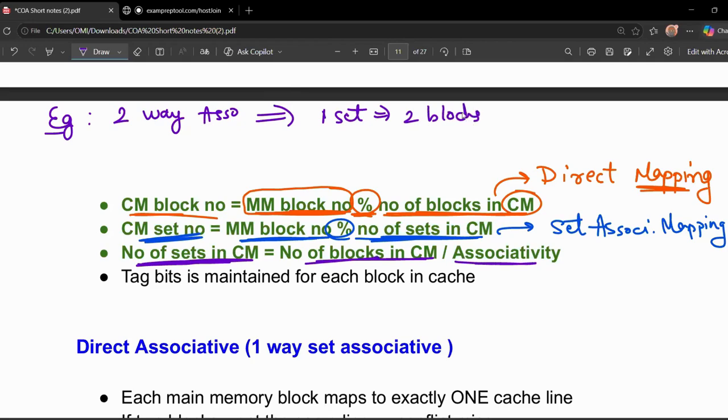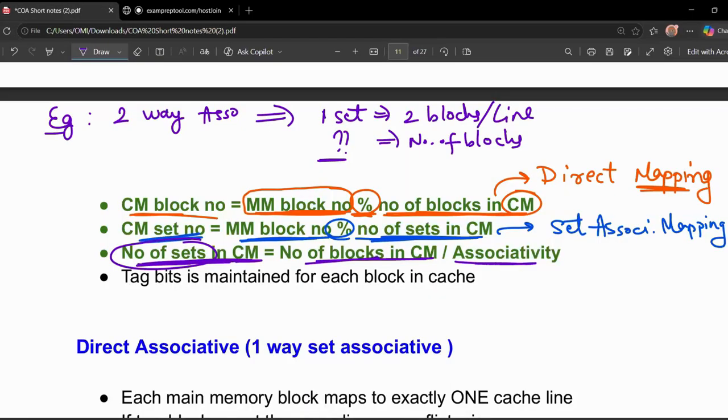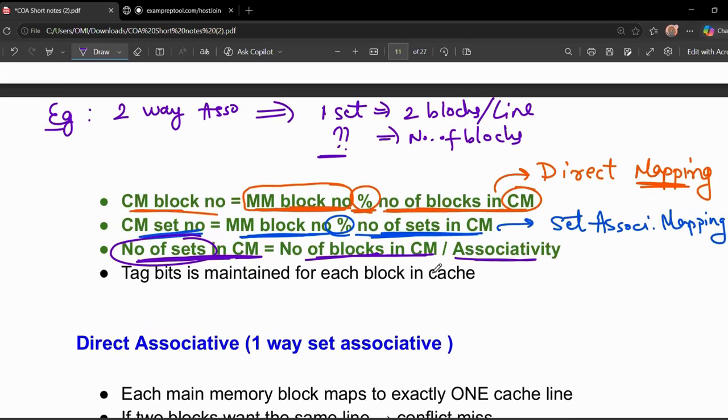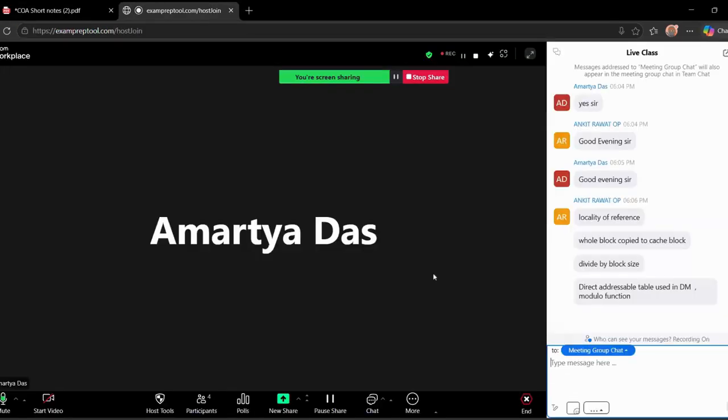Now you want to find the total number of sets in the cache memory. If you have the total number of blocks in the cache, you can easily find the number of sets. So, as written here, the number of sets in the cache memory is the number of blocks divided by associativity.